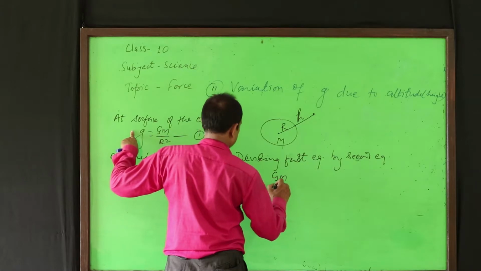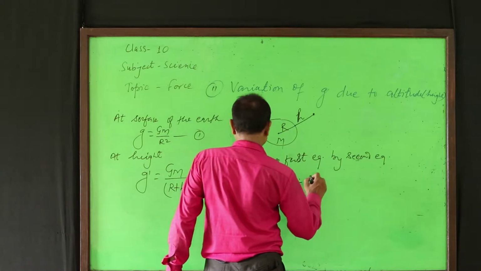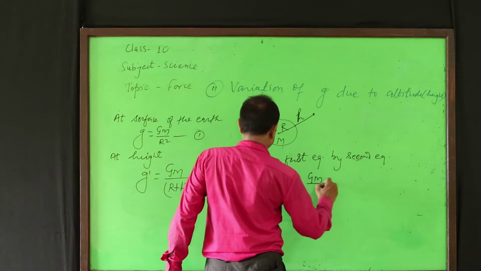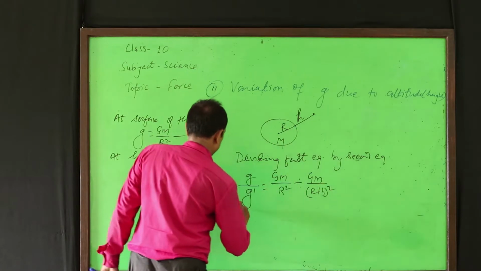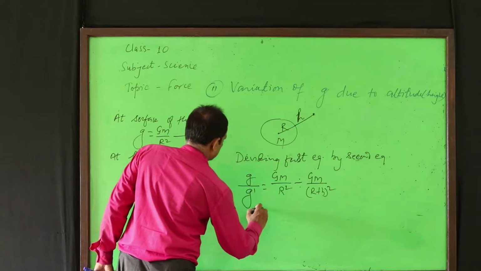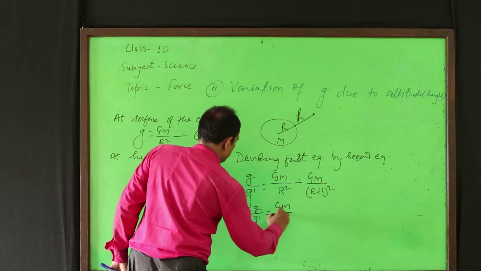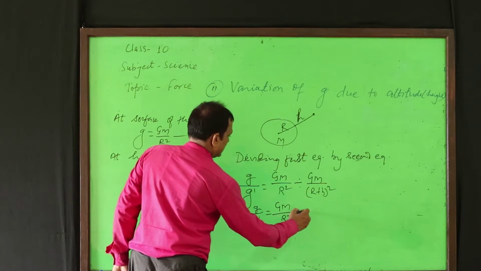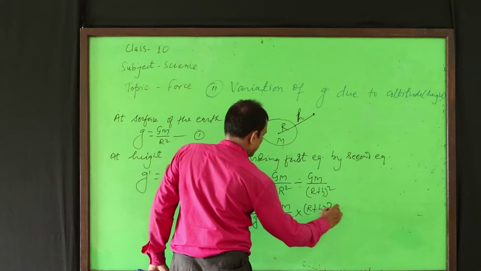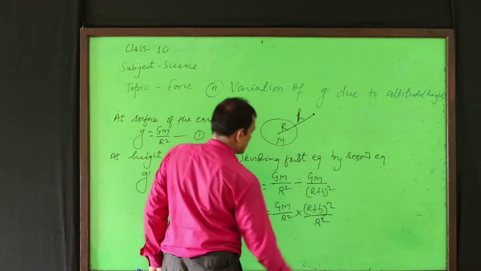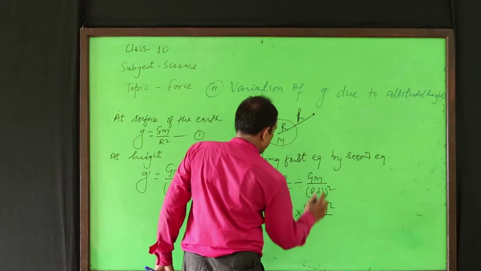GM by R square divide GM by whole square of R plus H, or g by g dash equal to GM by R square into R plus H whole square by GM, sorry.